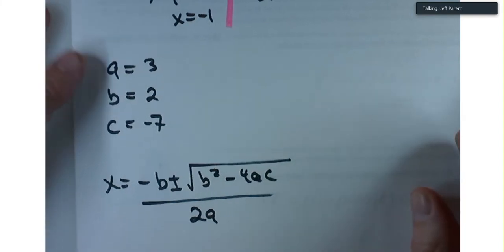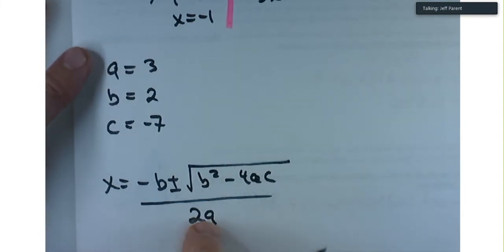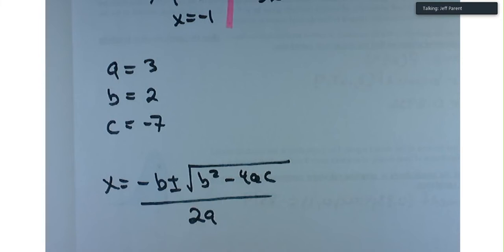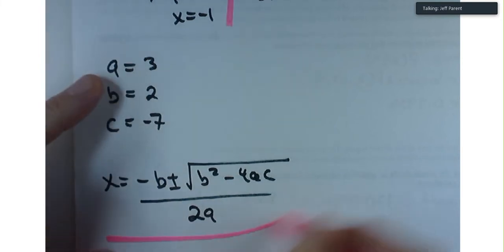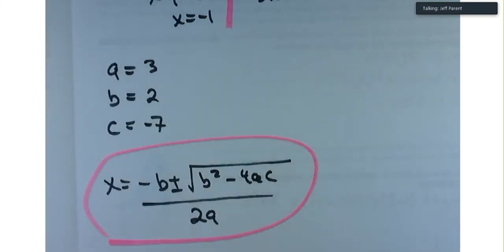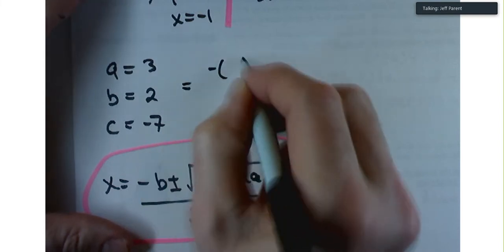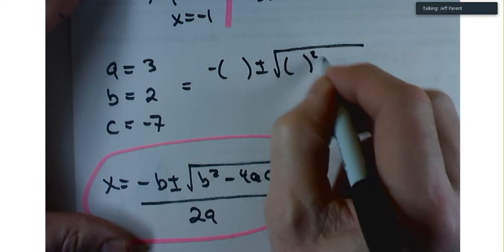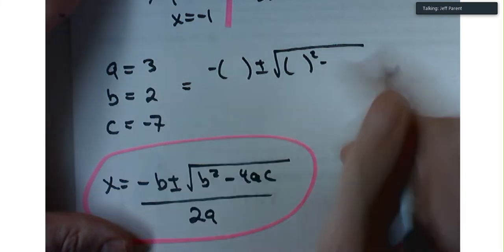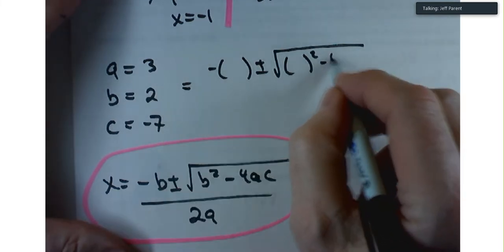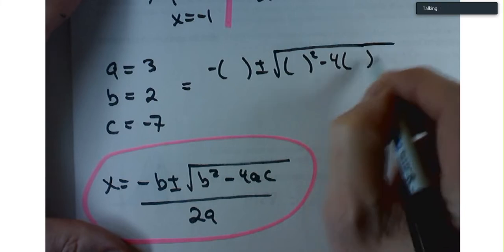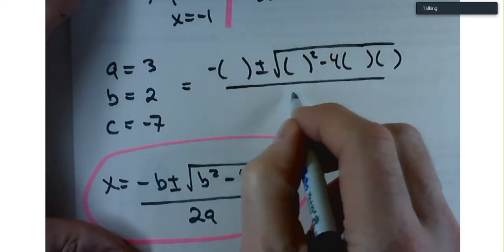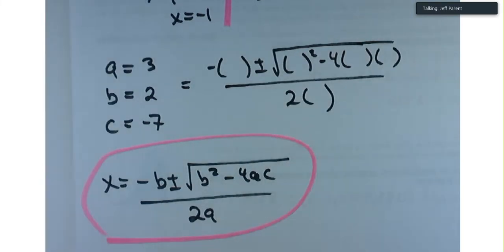Okay. Now, let's keep that off to the side here. Personally, when I fill this in, I like to start with a bunch of open parentheses. That makes a bigger difference if you have a lot of negative numbers, especially a negative b. 4 times a times c over 2 times a.